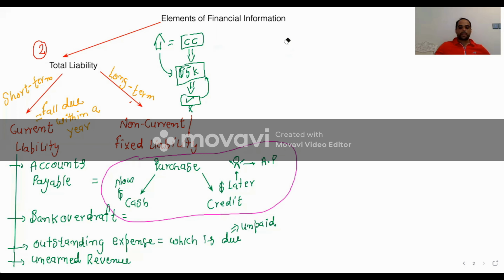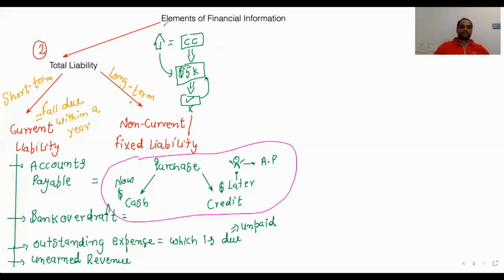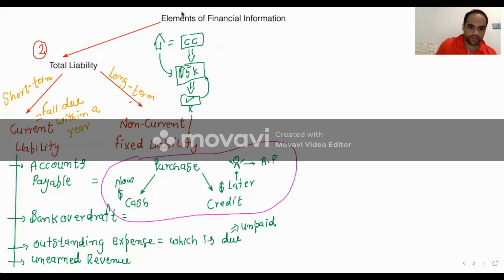Now, what does it mean, unearned revenue? You can call it unearned revenue or unearned income.